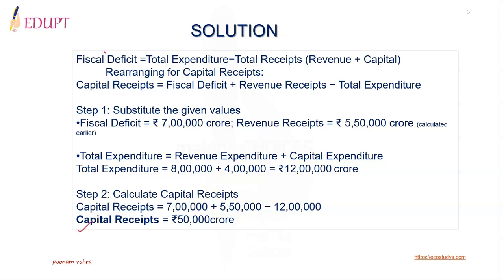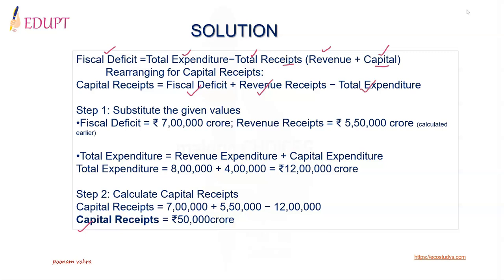Now let's find capital receipts. We are all aware that fiscal deficit is equal to total expenditure minus total receipts, which comprises of both revenue as well as capital. So you need to rearrange this to find capital receipts. That would be then fiscal deficit plus revenue receipts minus total expenditure.